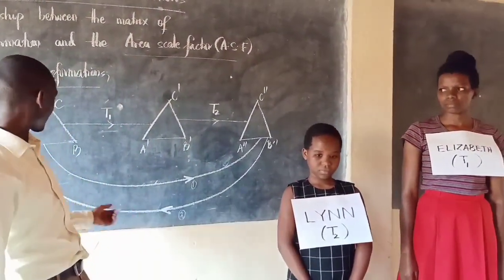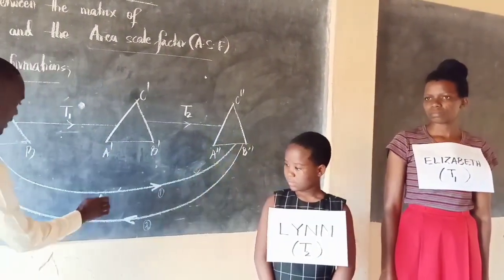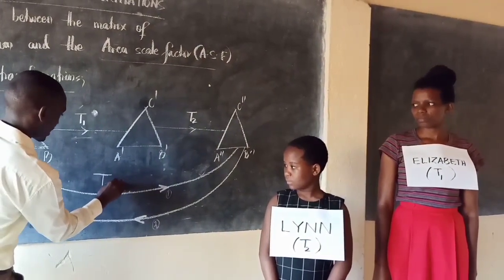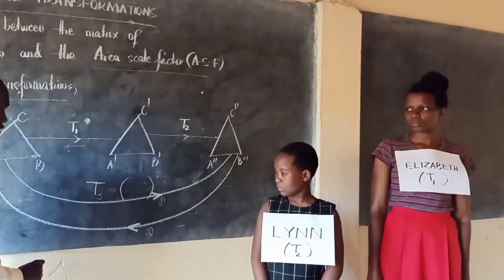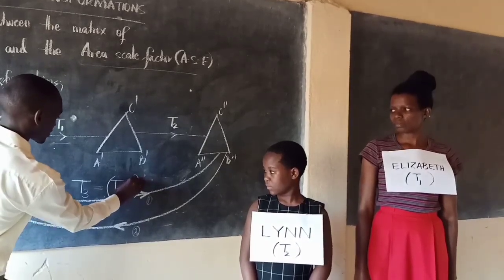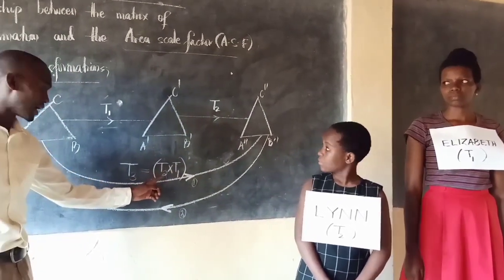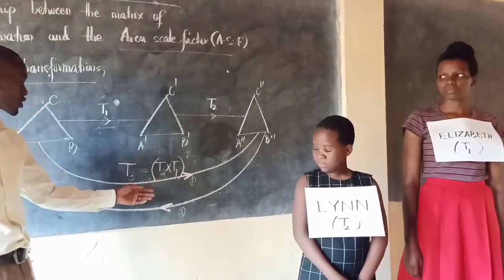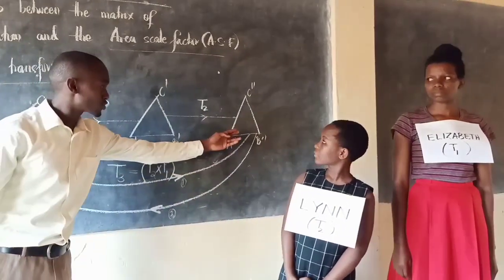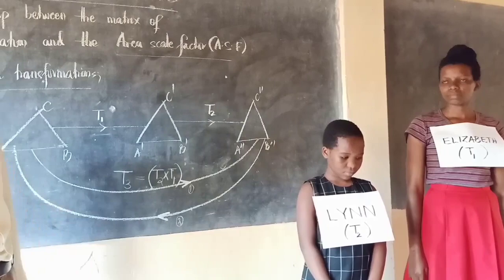That's why we say that in the combined transformation from the object to the second image, the single transformation that we call T3 is given by T2 times T1. Why? It's T1 followed by T2 in the combined transformation from the object directly onto the second image. Thanks for that demonstration. You can have the seats.